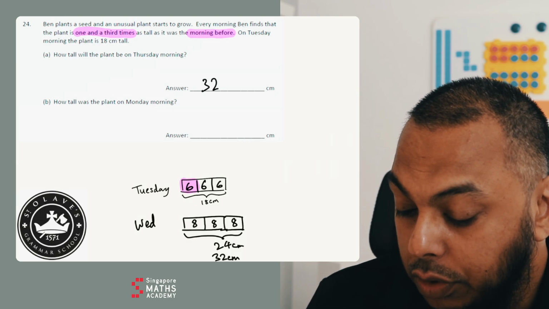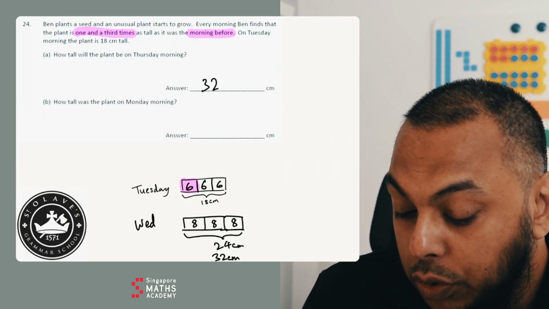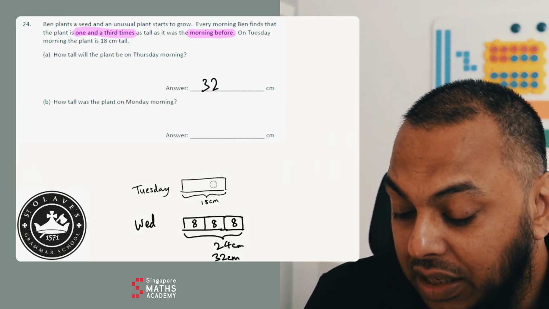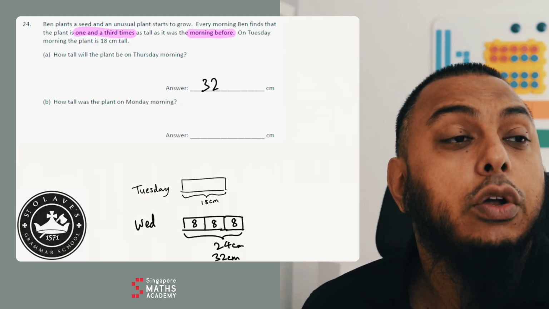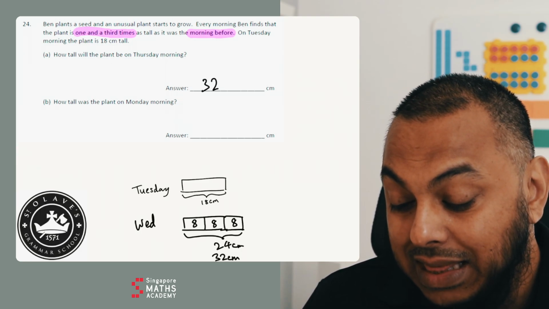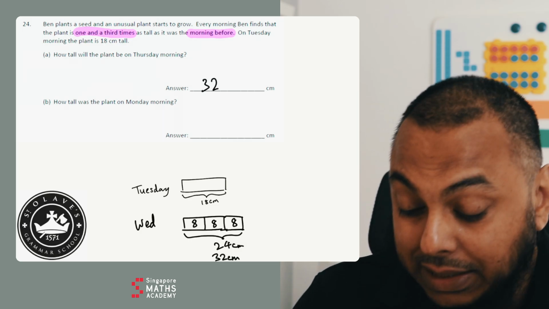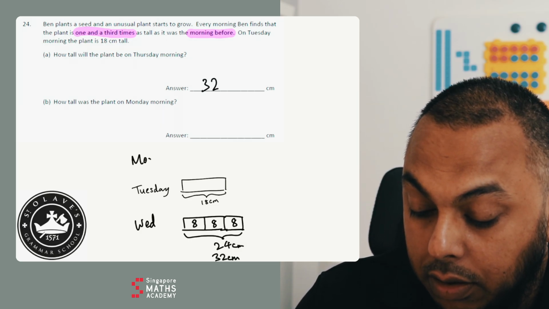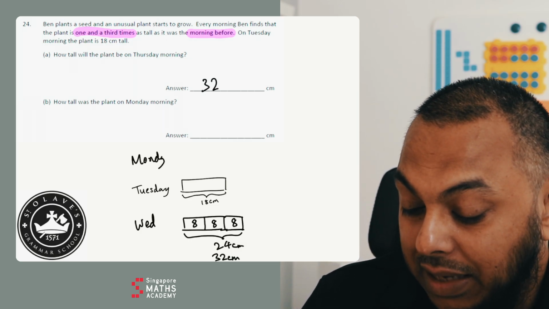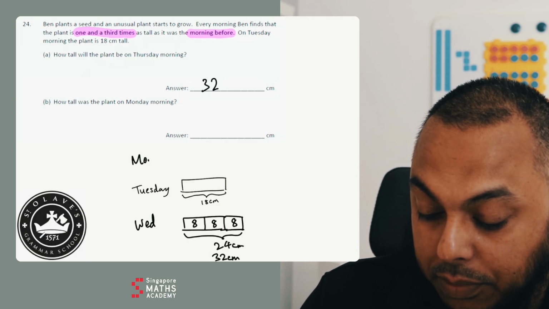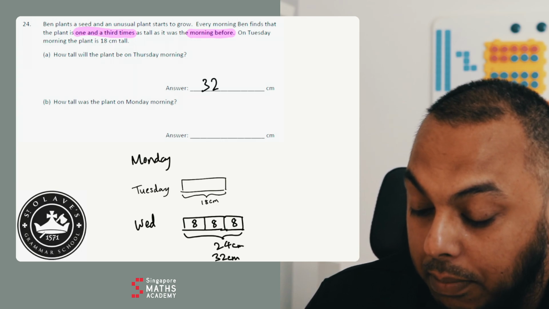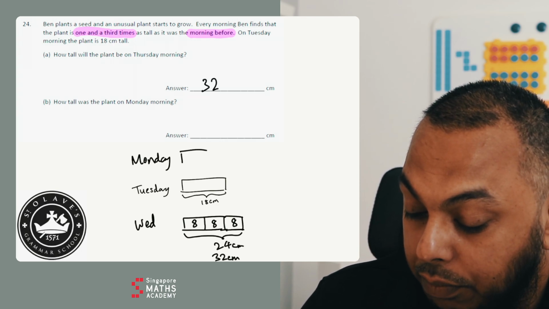So for Monday morning, I know that Tuesday is 18. So I'm just going to get rid of this inside element here. So I know Tuesday is 18, and that includes the 1/3 extra that we added on from Monday, right? So Monday must have been smaller than Tuesday by 1/3, right?